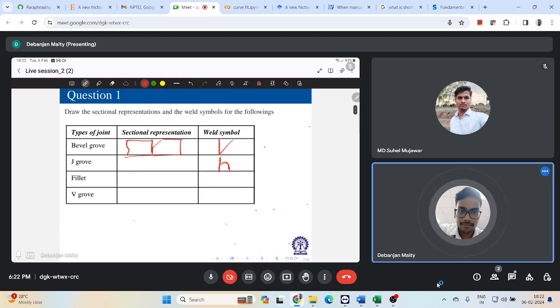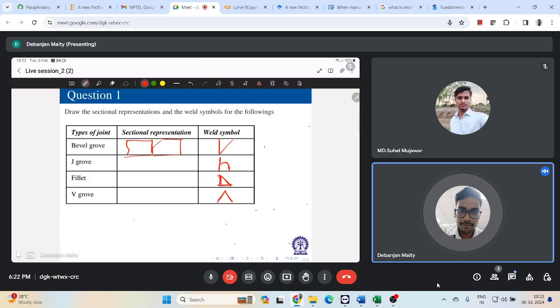I have also done the sectional representation for fillet weld. And what about the V groove joint? How will the weld symbol look for my V groove joint? It will look some kind of V in nature, right?